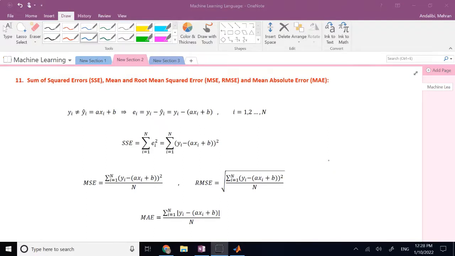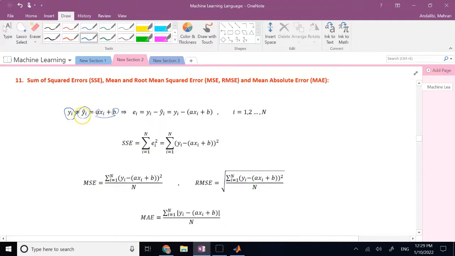So let's say, for example, you are doing a linear regression with a polynomial, let's say a line, and you say that y is a function of x with two hidden parameters a and b. You also have a bunch of observations. So your actual observations, you call them y, and the predictions from your linear model, you call them y hat.